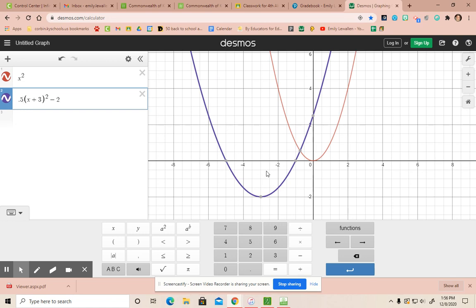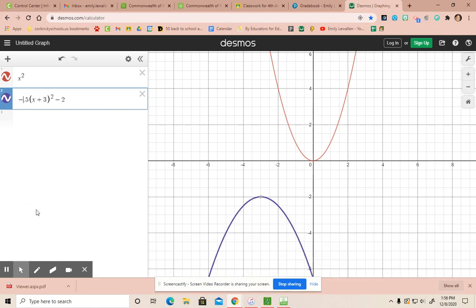The purple line is fatter or flatter. It's moved to the left 3 and down 2. That's how the transformations work. We can move them left or right, up, down. We can flip it by putting the negative out front, and that turns it upside down.